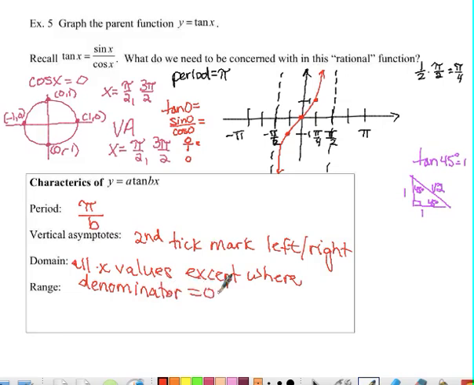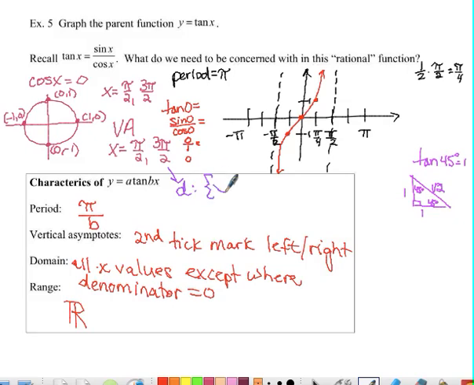And in this case, it would be all real numbers except pi over 2, 3 pi over 2. And you do know that it goes infinitely to the right and infinitely to the left. The range is all real numbers. I will tell you just for a preview of next year in pre-calculus, we will write the domain like this.